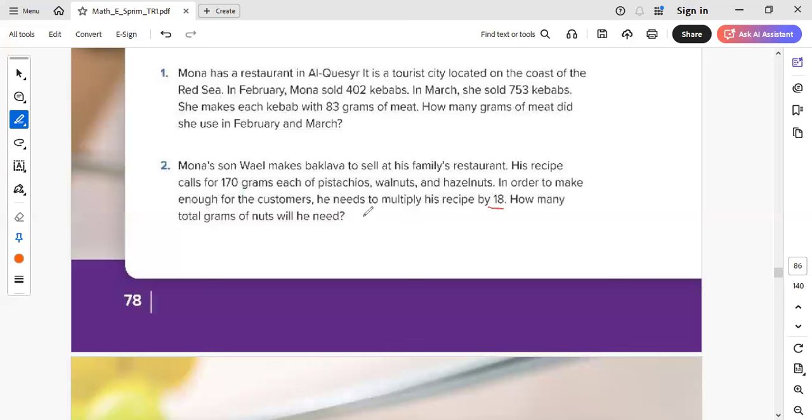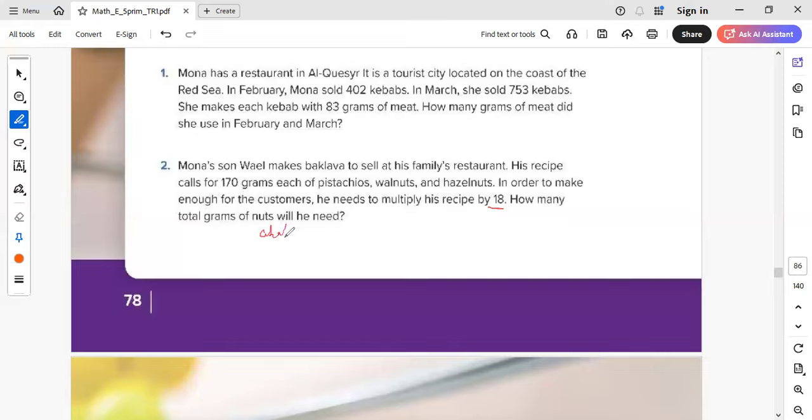So if we need to find what he will need for 18 recipes, at first we have to find what he needs for one recipe.